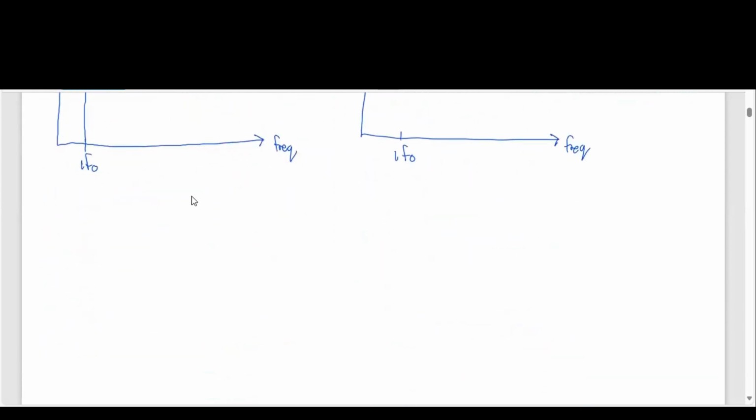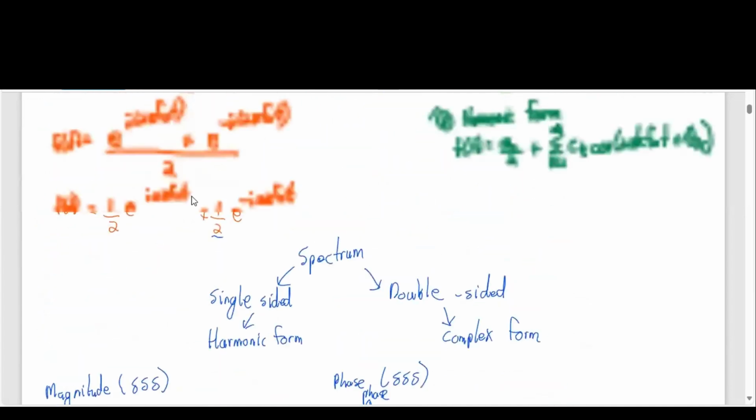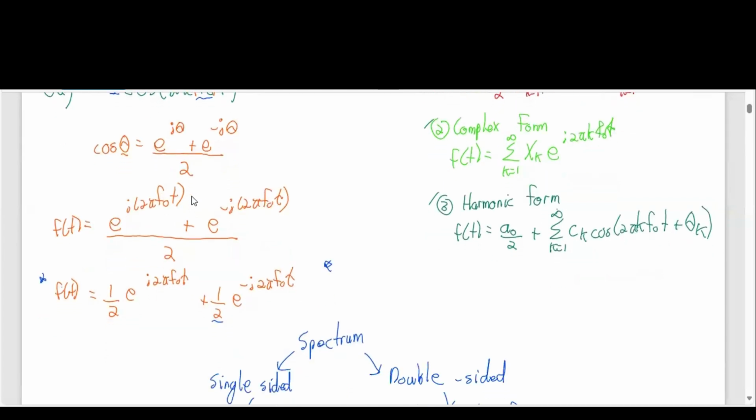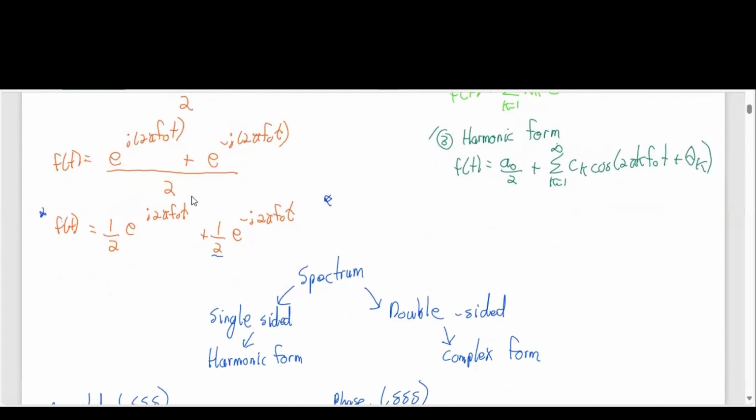Now let's do the double-sided spectrum. We had already expressed it in its complex form, which is this here. From this, we could get the double-sided spectrum.